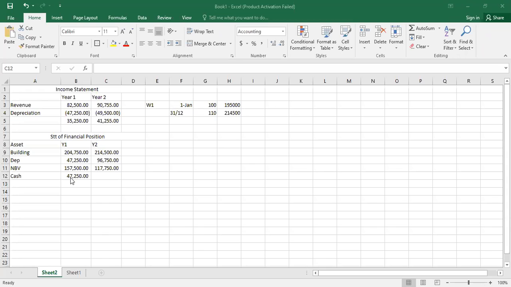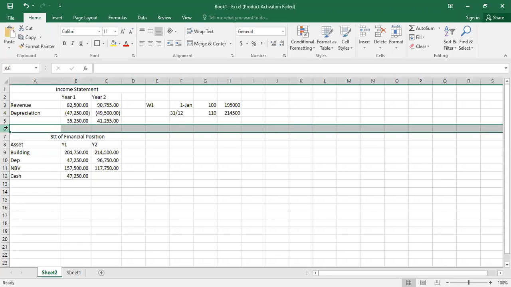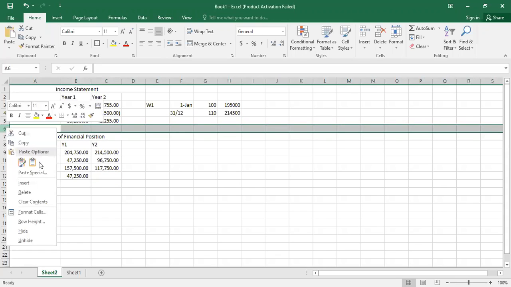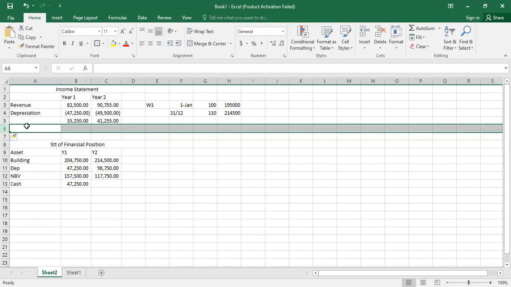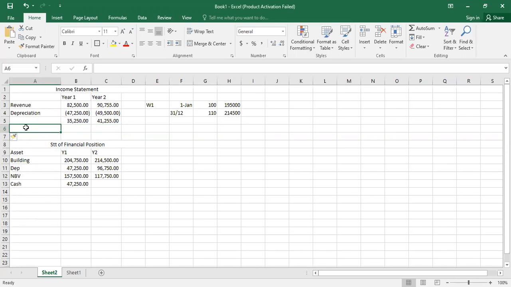It will be the 47,250 less 45,000, so it's a loss of 2,250. I need to come back to the income statement and reflect that loss, because it is going to reduce the value of the net income as at the end of the second year. Are we in agreement?